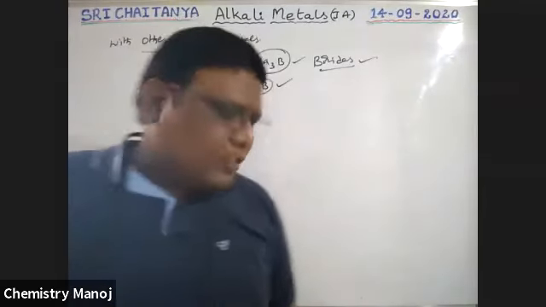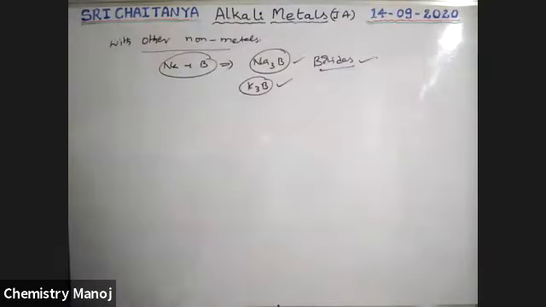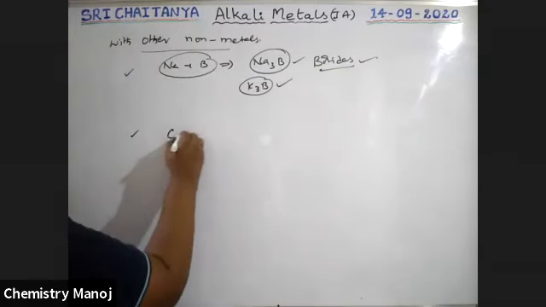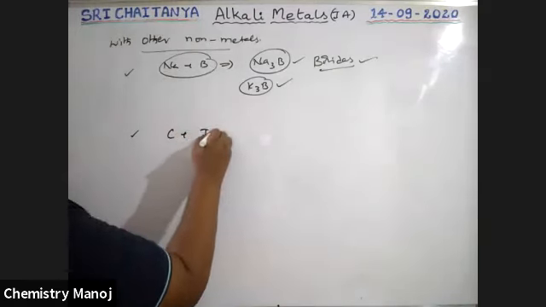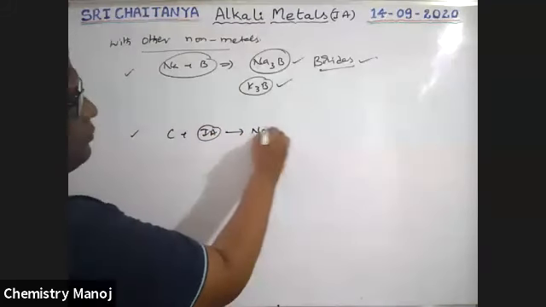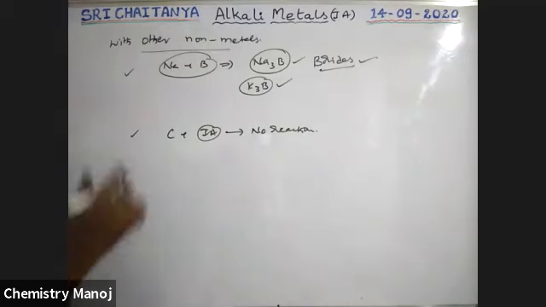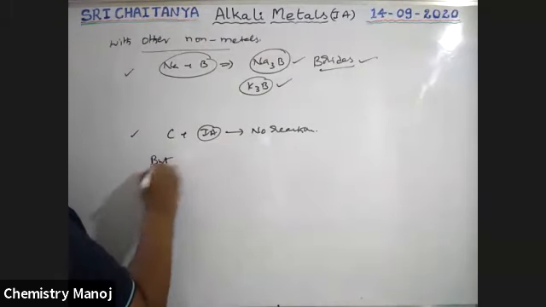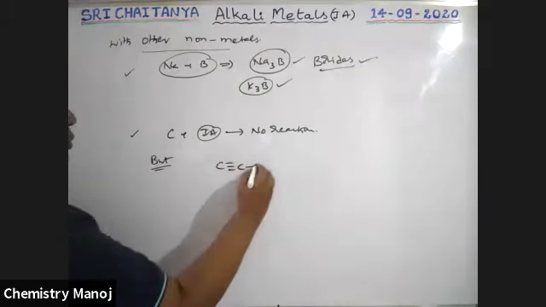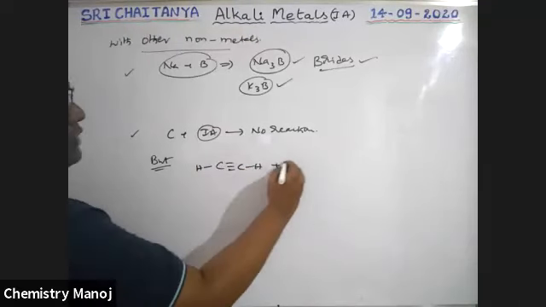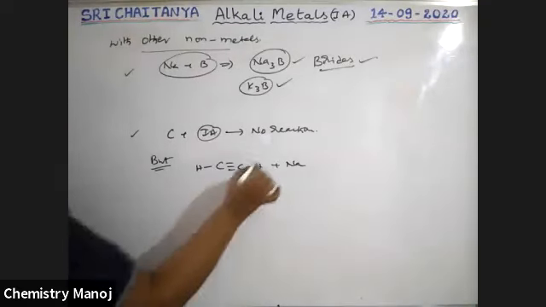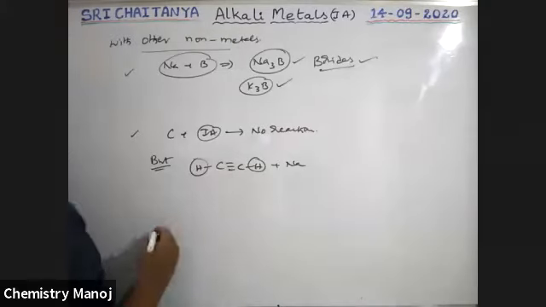Next, if it is reaction with phosphorus, and next, carbon. Carbon plus a group 1A metal, no reaction. But when acetylene, HC triple bond CH, reacts with sodium metal, the hydrogen is replaced, boys.